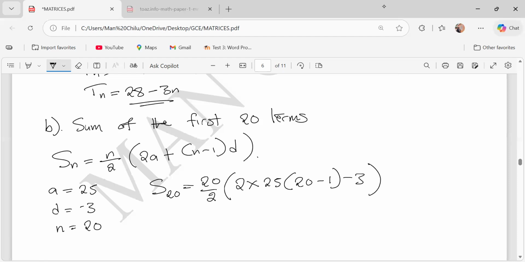So what we're going to have here is 20 divided by 2, we get 10. 2 times 25, we have 50. So 50 plus 20 minus 1, we get 19 multiplied by negative 3.